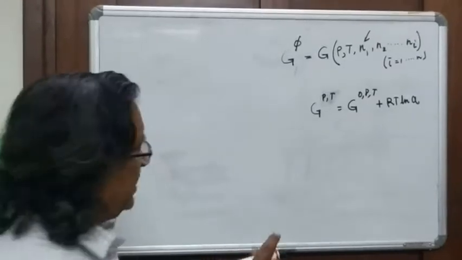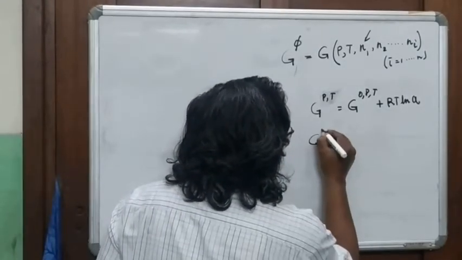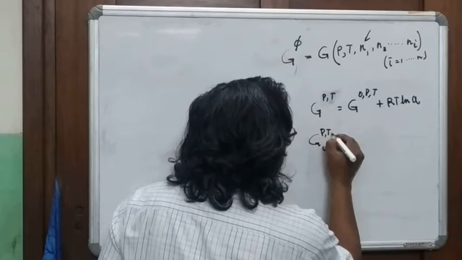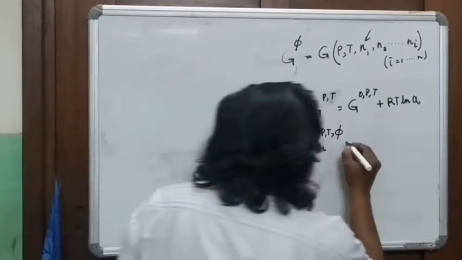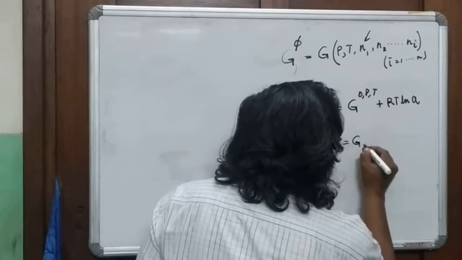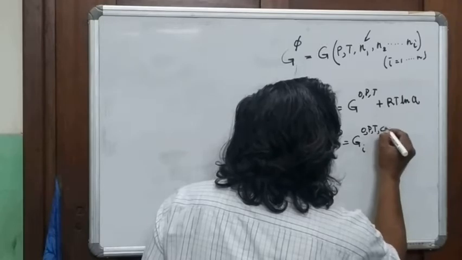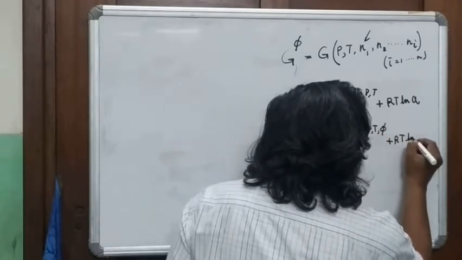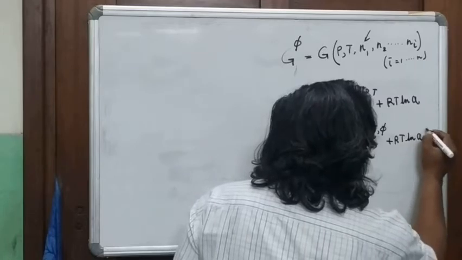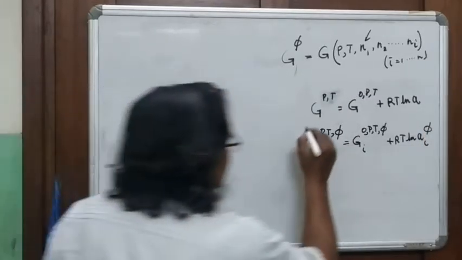But a more accurate one would be Gi at P,T, phase is equal to Gi0 at P,T, phase plus RT ln activity of i in the phase. This is the correct way.